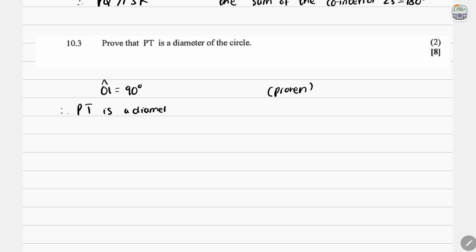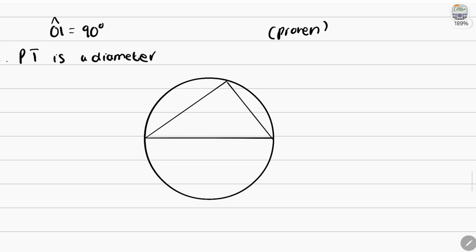And the reason it is a diameter is really because of the converse theorem of the angle subtended by a diameter, or really the angle in a semicircle. And here's why we call it a converse. A converse is really just like the reverse theorem.